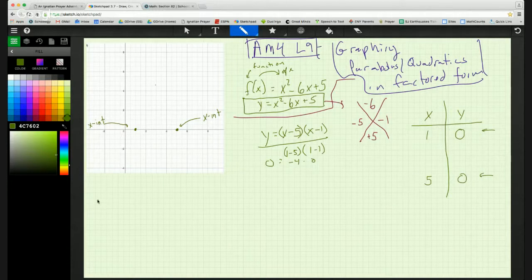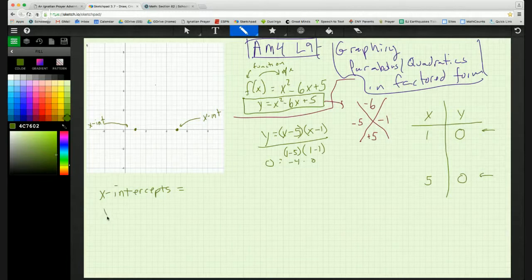So let's look at this. I want to remind you of the characteristics of all parabolas that we've looked at. They have x-intercepts. Not all of them have x-intercepts, but I reminded you in the last video, and I'll tell you again for this section before the next test, we're going to be talking about parabolas that have x-intercepts, at least one.